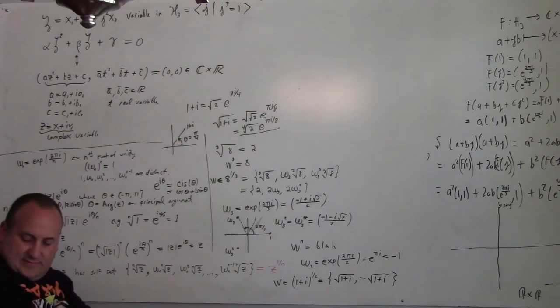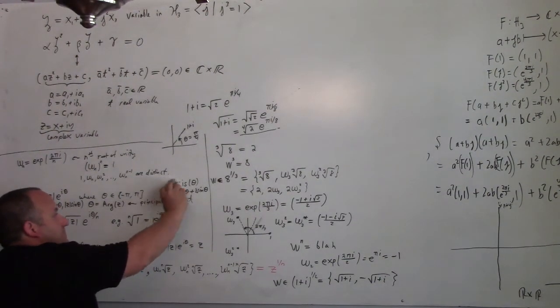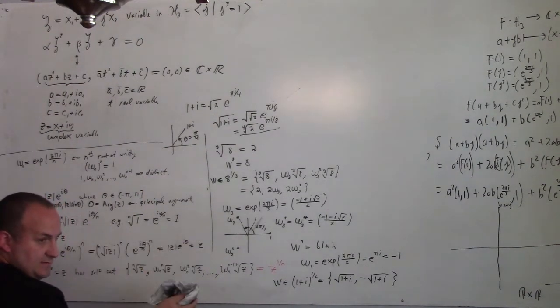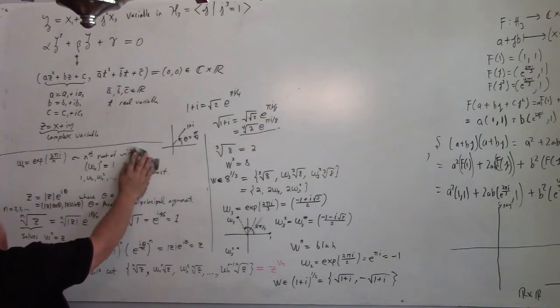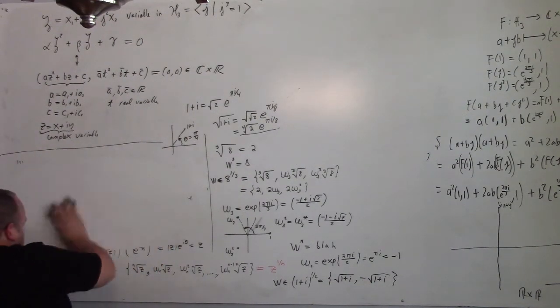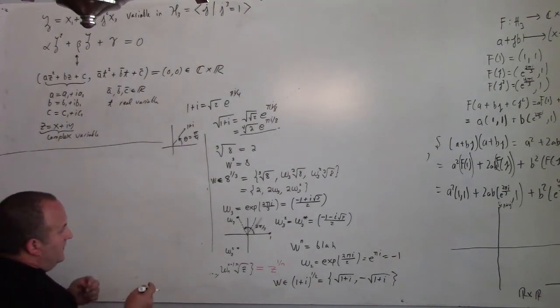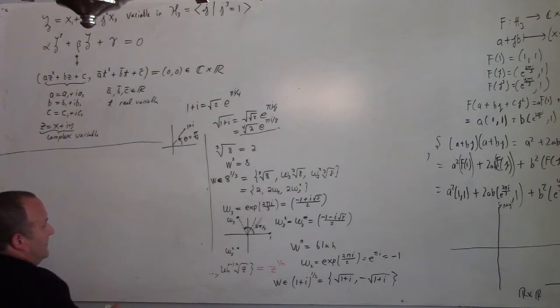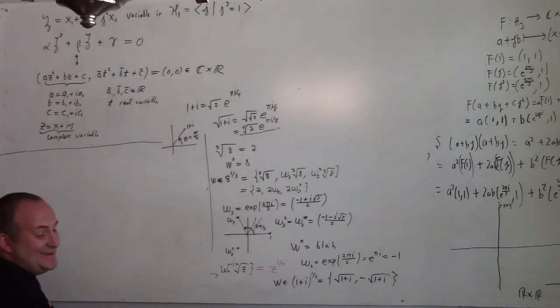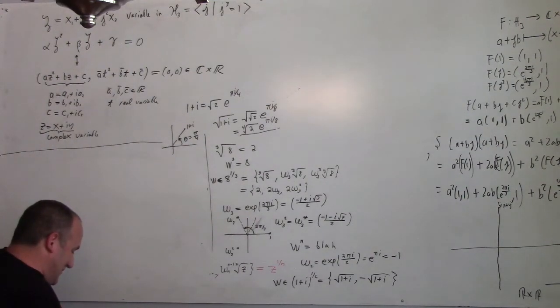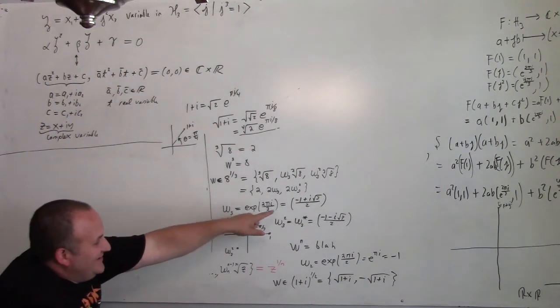Let me erase that. So, going back to the, can I erase all this? Yeah. In my intermediate algebra course in the fall, I somehow found myself cubing that number.